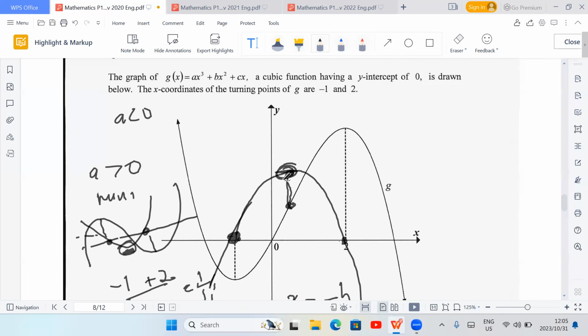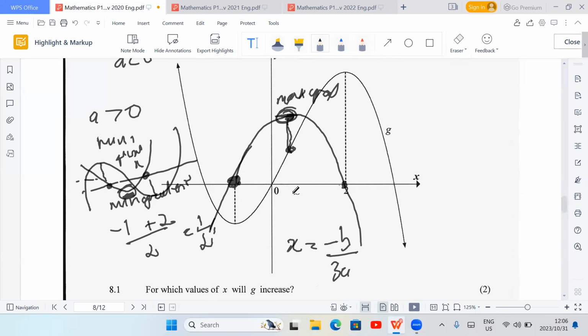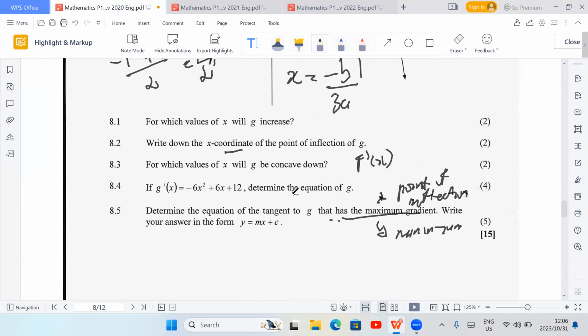The maximum gradient. So if it's like this, concave down, it's representing the max gradient. And then if it's concave up, it's representing the minimum gradient. Because remember, f prime x is the gradient graph, right? So f prime x is indicating the gradient of the cubic graph.